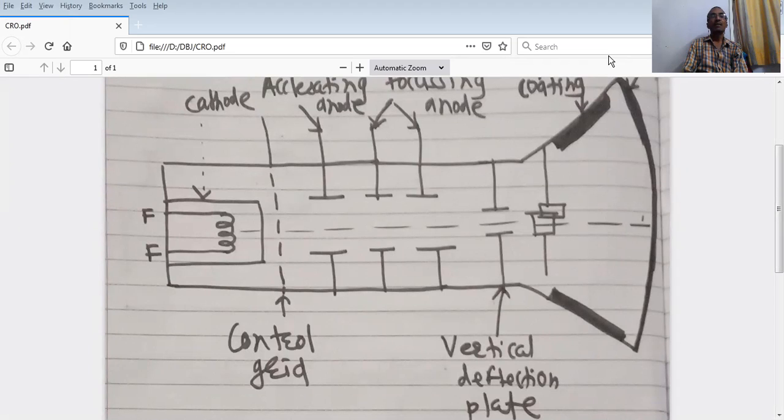The flow of the electrons, that is, how many electrons come out through the control grid, can be controlled by applying a negative potential, using the property that there is always repulsion between like charge carriers.